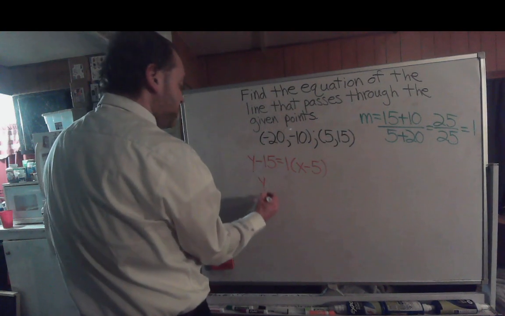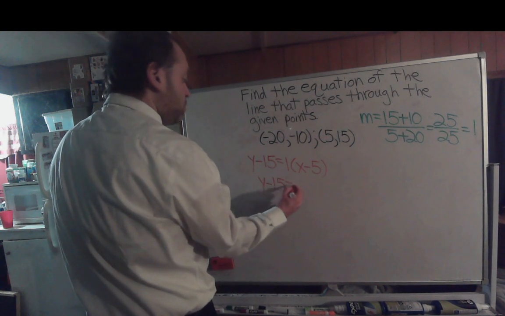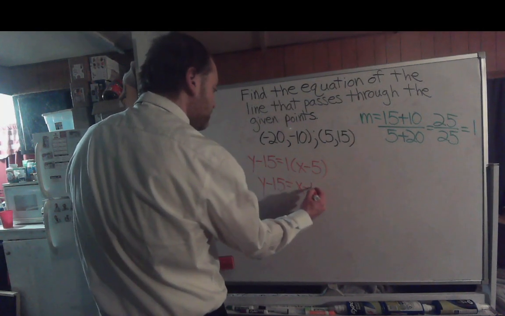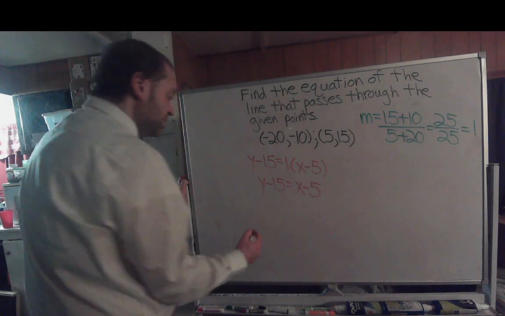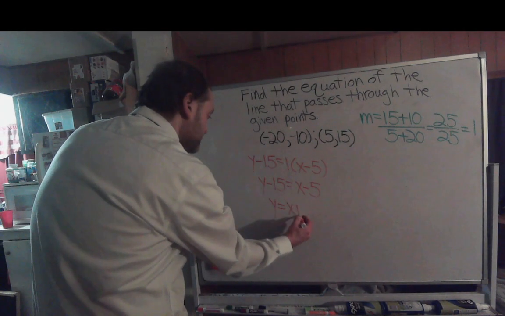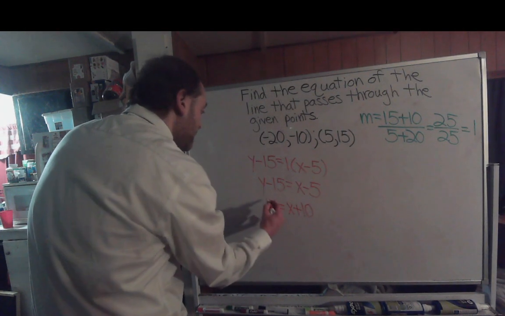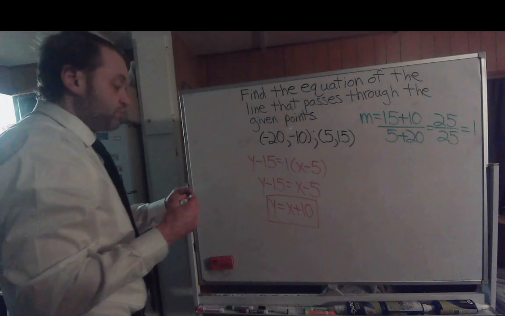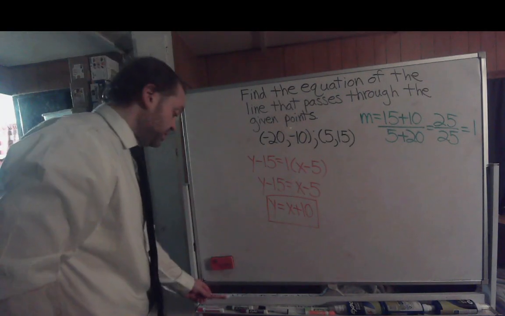Well, then you would have y minus 15. Well, 1 times anything is itself. Y minus 15 would just equal x minus 5, which would give you that y equals x plus 10. So the equation of this line would be y equals x plus 10.